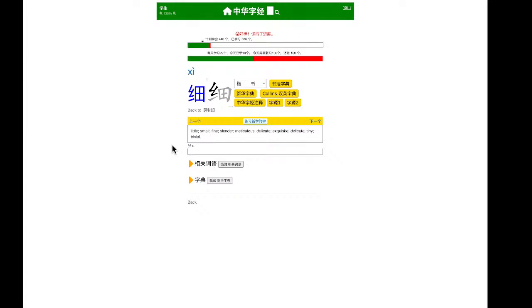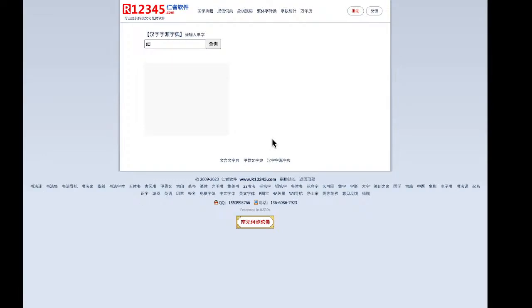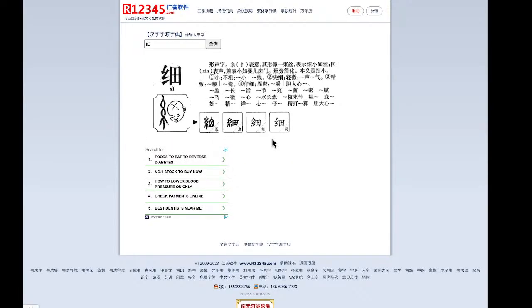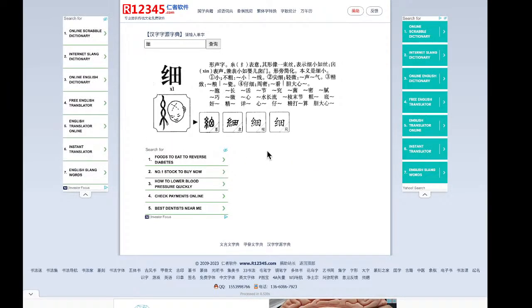So basically, this word itself talks about something very, very tiny. Okay. So if you look at the character, this is depicting a baby's head and the very fine hair on the baby's head.